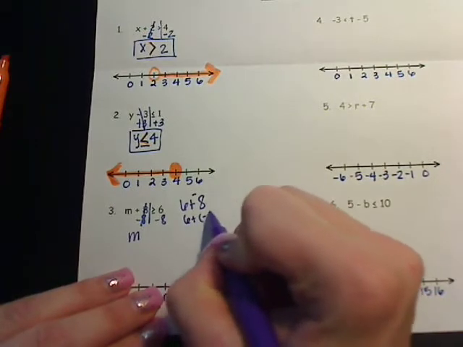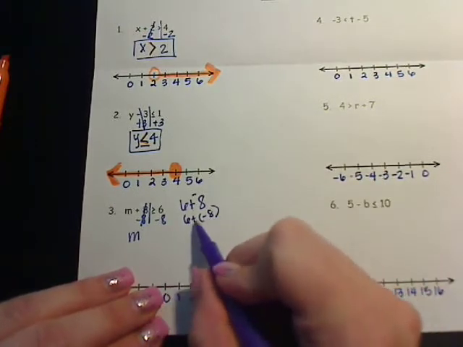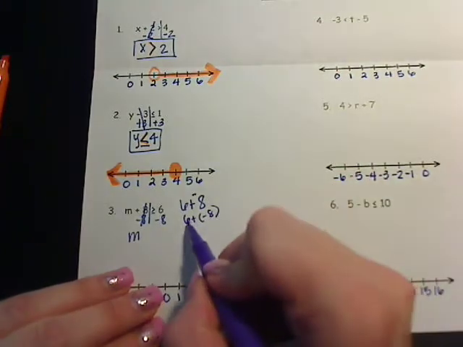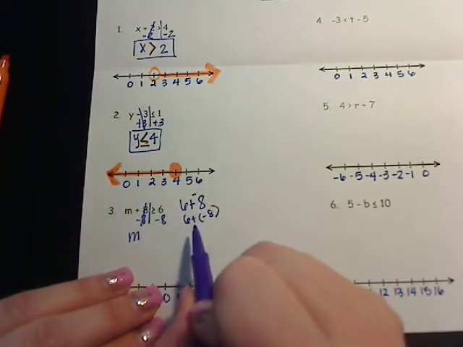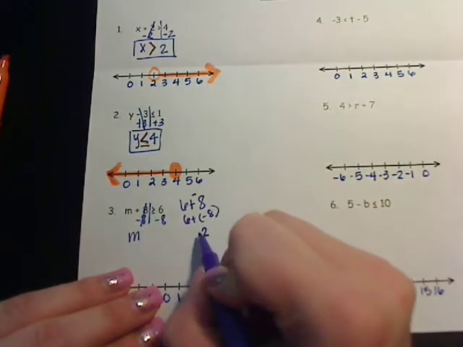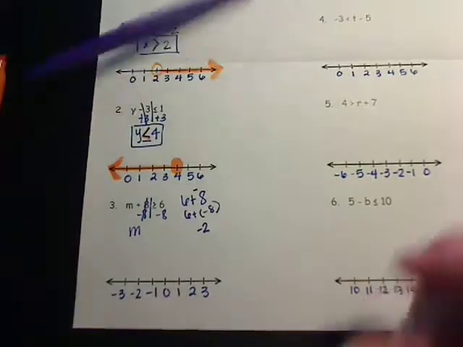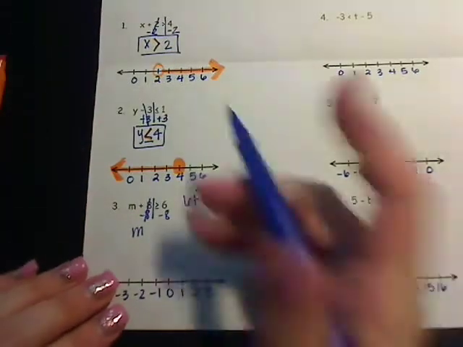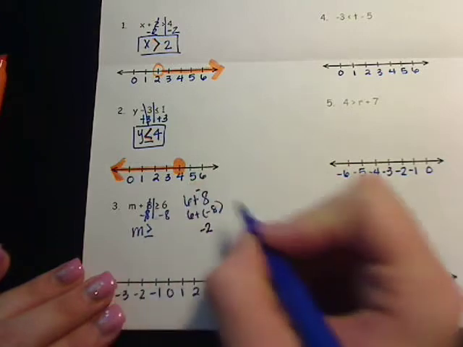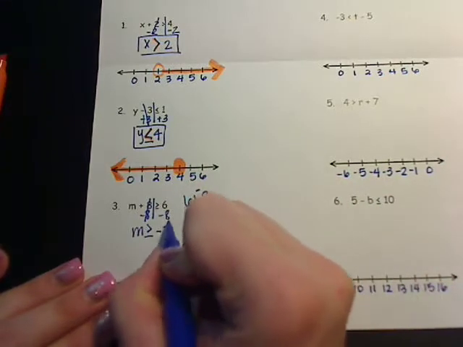My signs are different, so I'm going back to those integer addition rules and taking the difference. The difference between 6 and 8 is 2, and I have more negatives, so that's a negative 2. So I've got m is greater than or equal to, I just brought down my symbol, negative 2.